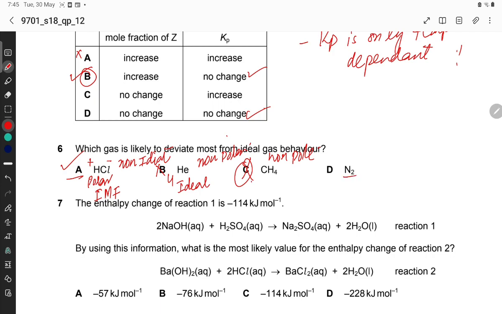Nitrogen is a non-polar molecule with weaker forces, so that's why nitrogen, Mr is 28 and CH4 is 16, so its molecular mass is more than CH4, so it deviates a little bit more. But the gas that deviates most from ideal gas behavior is HCl.